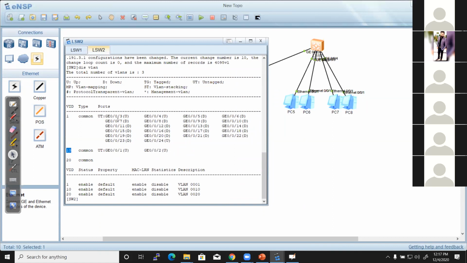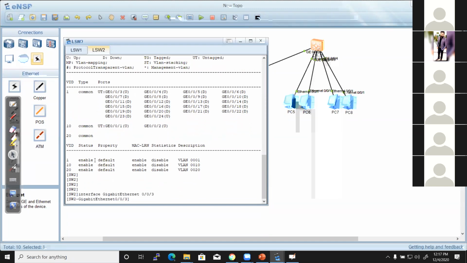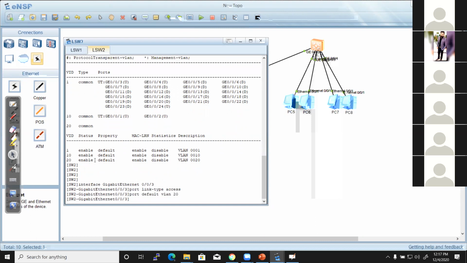The same thing I need to do for interface 3 and 4, and I need to map them with VLAN 20. So how will I do that? I will jump into the third interface, and I will give the same commands. Port link type access, and port default VLAN should be 20.